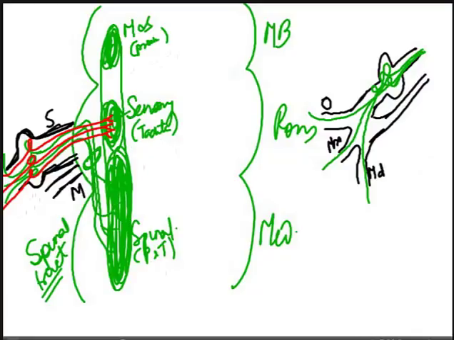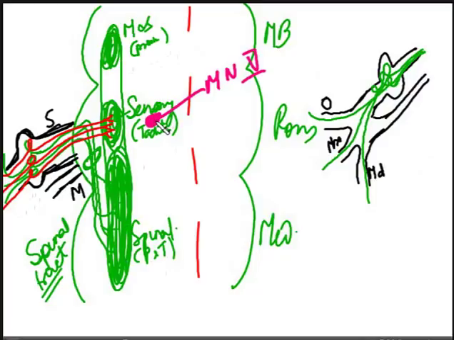Now we have a motor component also, and that motor component, if this is the midline, is present in the pons as a nucleus up here, and this nucleus is known as the motor nucleus of the fifth. So this is equivalent to the anterior horn cells, as these were equivalent to the dorsal horn cells.